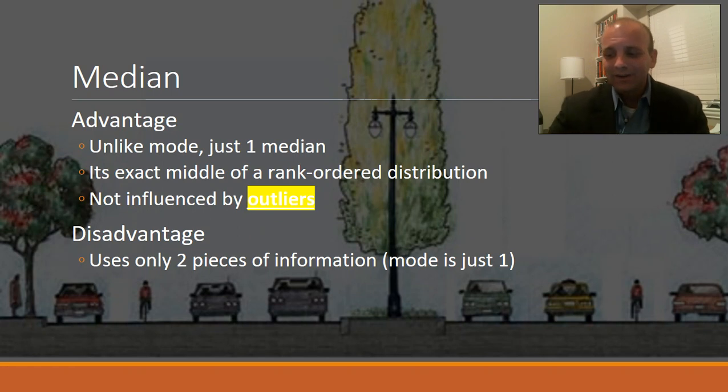Outliers are extreme scores, extreme cases. If we wanted to study the average department size of police agencies across the country based on cities, New York is an extreme outlier because there are tens of thousands of folks employed there.